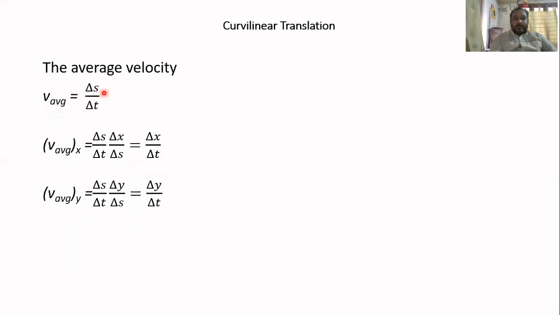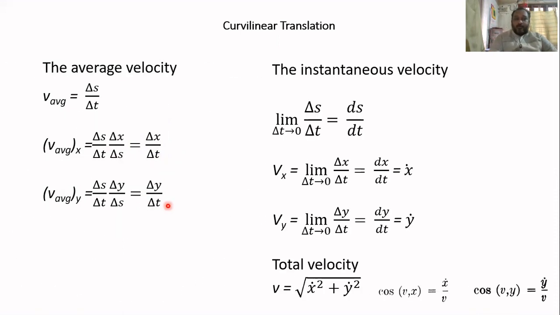So the average velocity is delta s by delta t, and the average velocity in the x direction is delta s by delta t times the cosine of the angle between the x axis and the velocity, represented by delta x by delta t. Similarly, the velocity in the y direction is delta y by delta t.